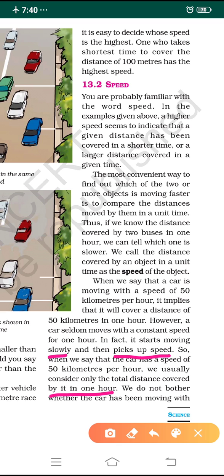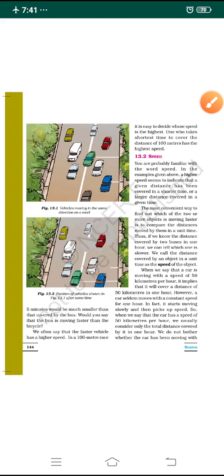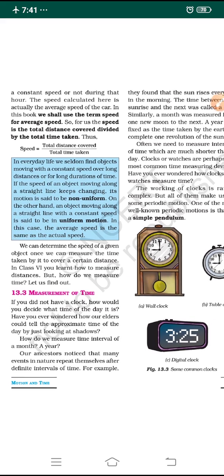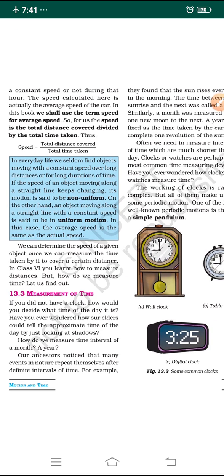We do not bother whether the car has been moving with a higher speed or a constant speed during that hour. We only consider the total distance covered by that vehicle in 1 hour. The speed calculated here is actually the average speed of the car.